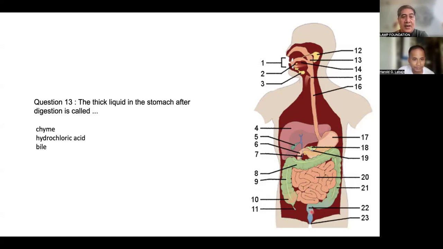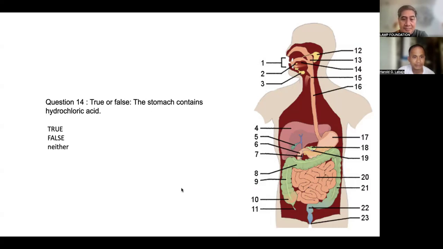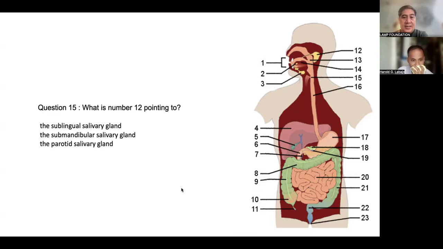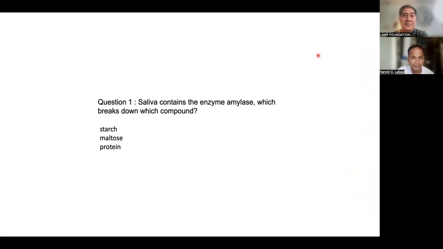Thick liquid in the stomach after digestion is called chyme. True or false? Stomach contains hydrochloric acid. True. What is number 12? Number 12, the parotid salivary gland.